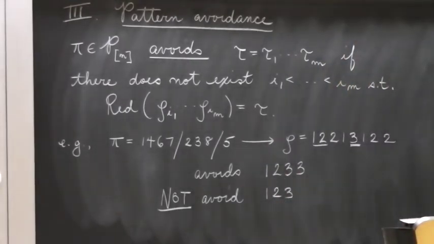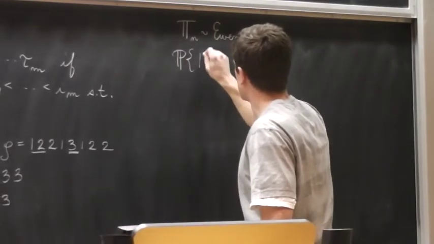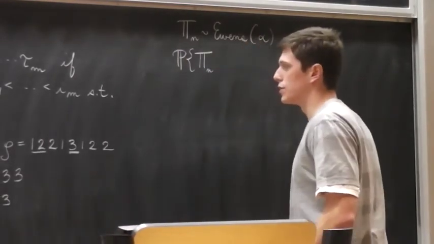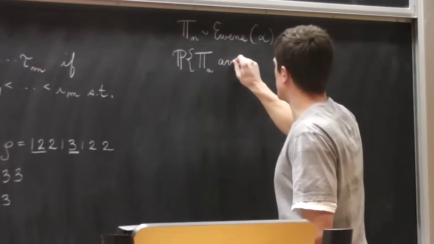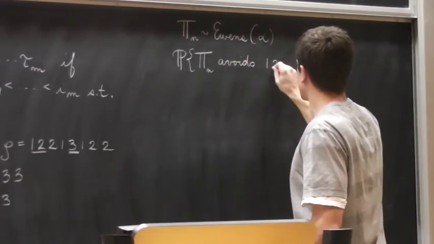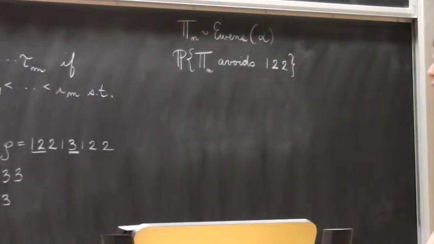And so I think it would be interesting to consider what's the probability, for example, that a random partition avoids a given pattern. So as a very simple illustration, one of the only ones that I can actually do as a trivial calculation: what's the probability that a random Ewens partition avoids this pattern 1, 2, 2?